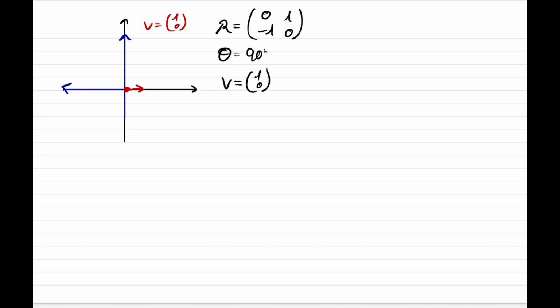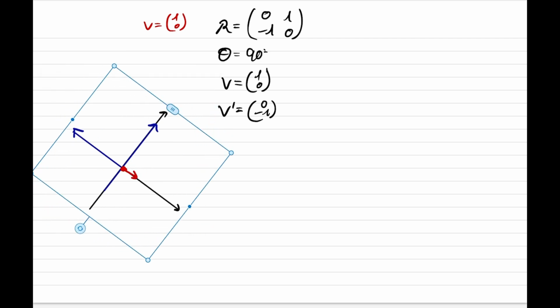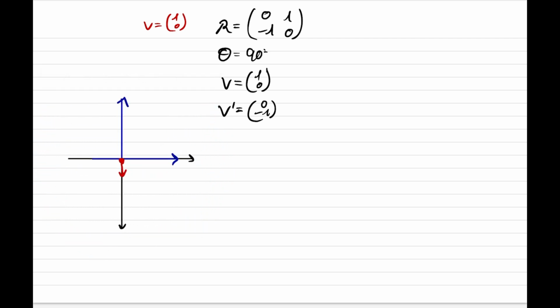Now we already know, because this is a very simple example, that in Bob's basis this is going to be 0, minus 1, because we put ourselves into Bob's perspective. Bob sees this, because he has his own y prime axis and x prime axis aligned in this way. So he sees that the vector b is pointing downwards.